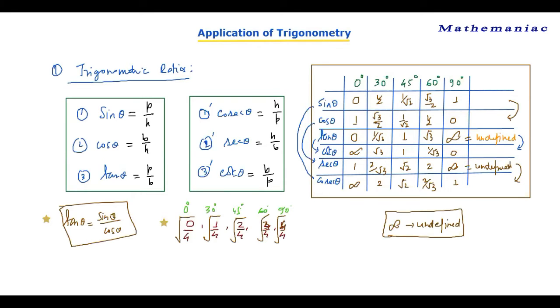Now we are going to start with the main part, that is application of trigonometry. So in this application of trigonometry, we have two very important concepts. Only two very important concepts are there, right? What are the concepts? I'm writing it. The first one is angle of elevation, right?